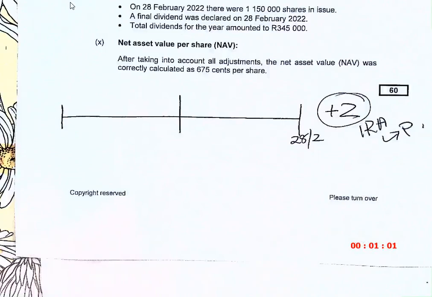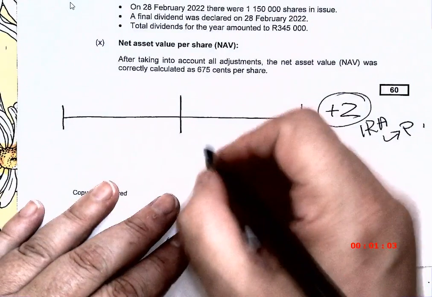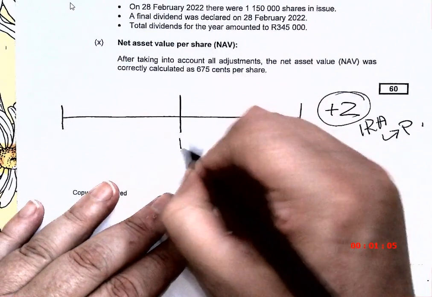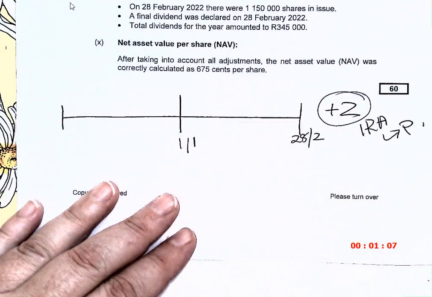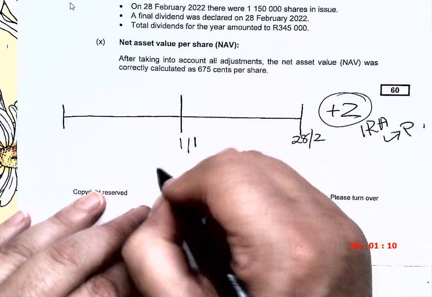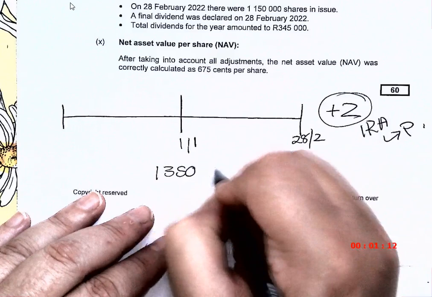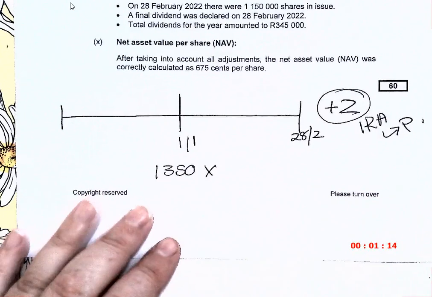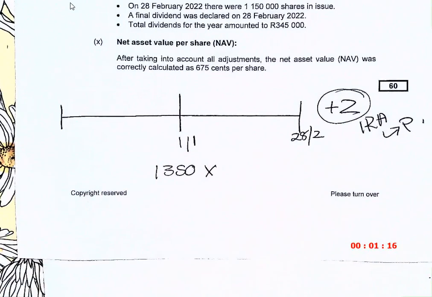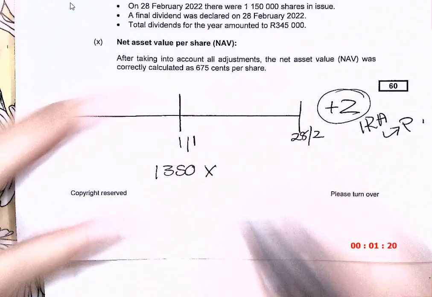Okay, so the decrease happened on the 1st of Jan. 1,350. How many months did this person pay less than before the decrease? January, February, March, April, 4 months.